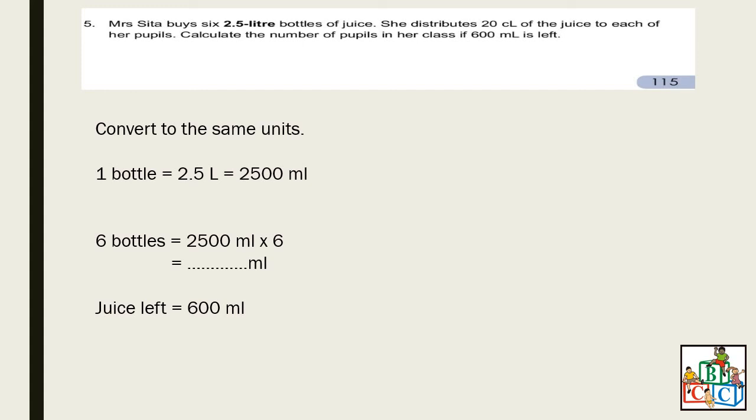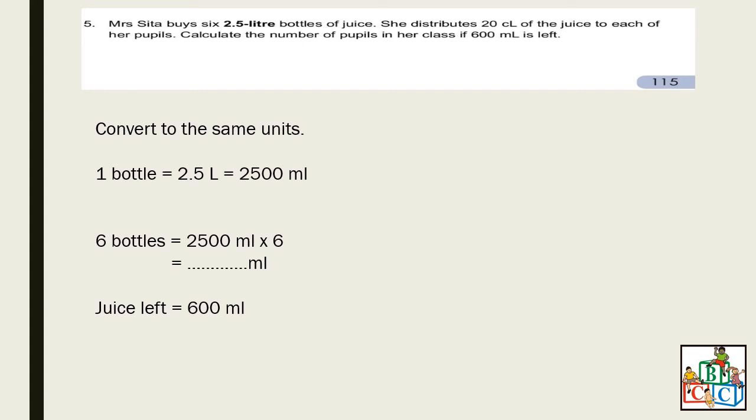One bottle is equal to 2.5 liters. 2.5 liters I have converted to milliliters. 1 liter is equal to 1000 milliliters. 2.5 times 1000 is equal to 2500 milliliters.